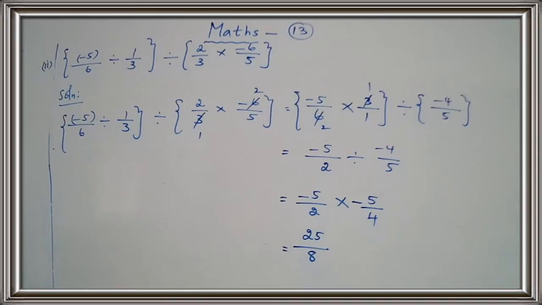Okay, now the next question. 3 upon minus 5 into minus 7, multiply 4 upon 7 divided by 2 upon minus 7.